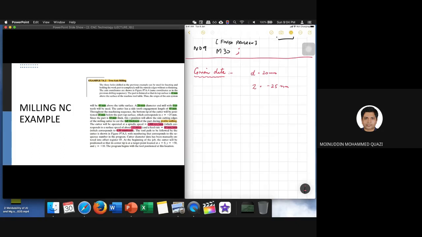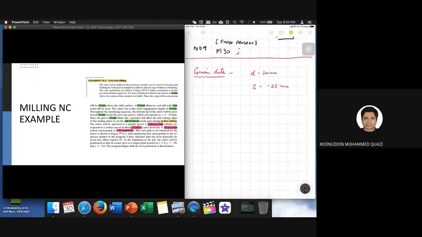So the depth of the milling should be minus 25. Since the part is 10 millimeter thick, this Z will allow the side cutting edges of the milling cutter to cut the full thickness. The objective is to cut through all the edges, so there should be nothing remaining. That is why it has gone to minus 25.